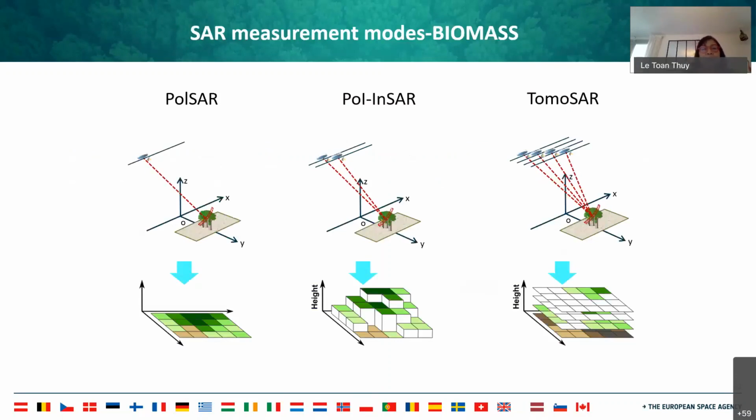Again, we take PolSAR, PolInSAR, and TomoSAR. In this one, we have both the canopy vegetation and the interaction between the two contributions. In this one, we have the height in addition. And in this one, we can have different layers inside the forest.